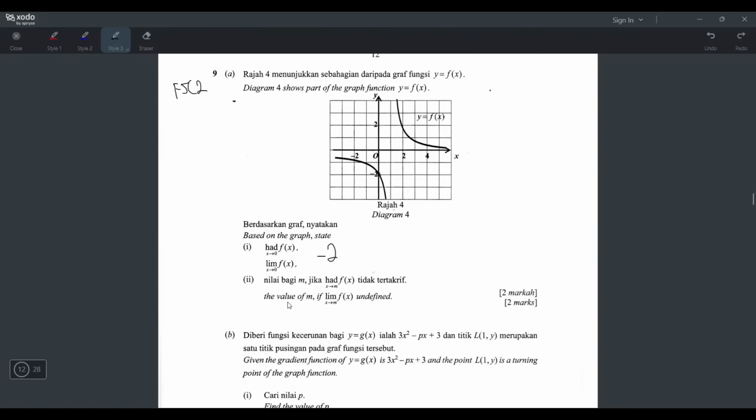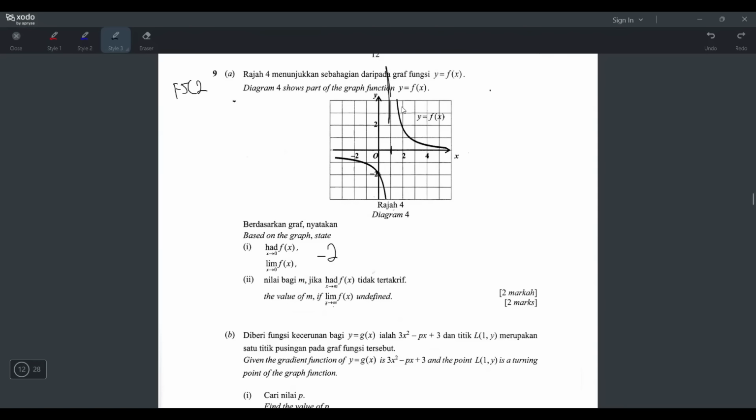And then for the next one, find the value of m if the limit x approaching m of f(x) is undefined. So what x value substituted inside will give you undefined? 1. One is when there's no solution, because the reciprocal graph will not touch. It will just keep going up, but it will not go over to this side.